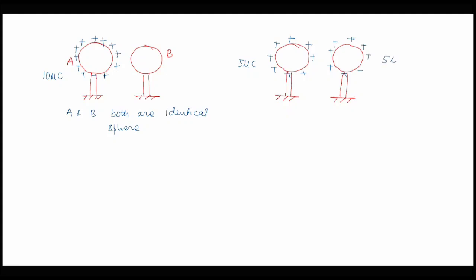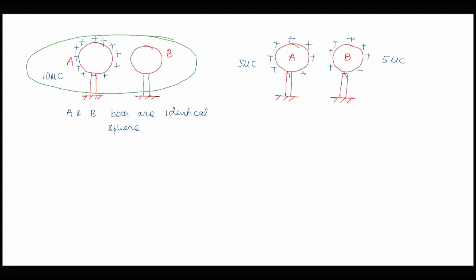Care must be taken that the two spheres are kept far apart, so that no induction takes place on their surfaces. If A and B are identical and constitute a system kept on insulated stands, then the charge of the system is conserved.